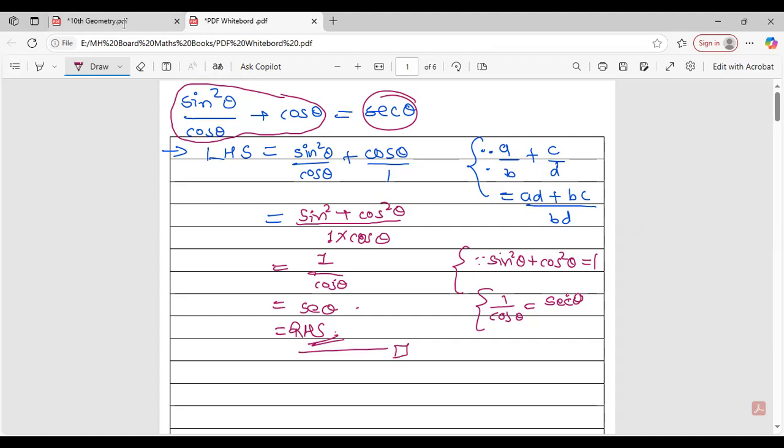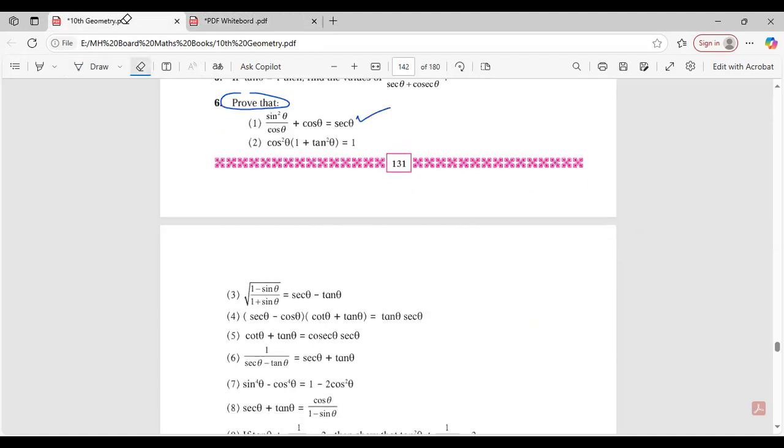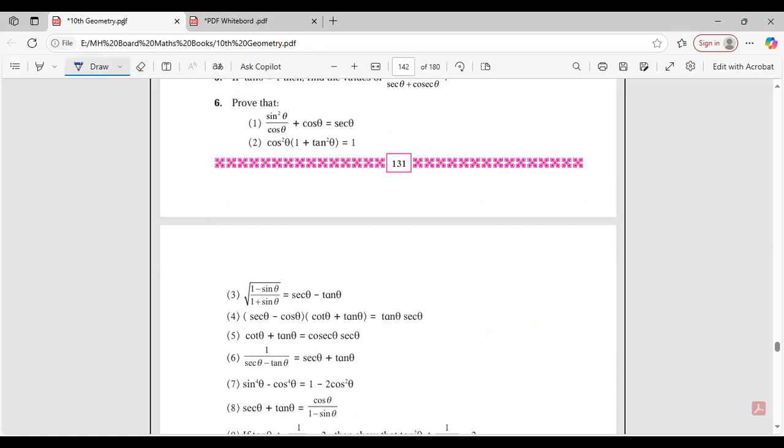Understood how to do these questions? Okay. Now let's solve the next question.